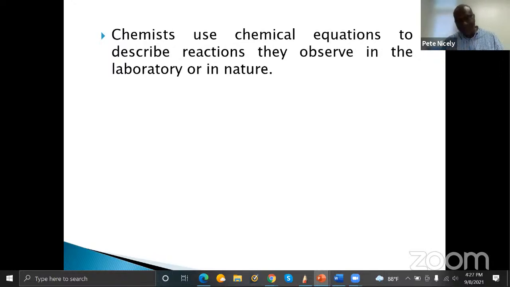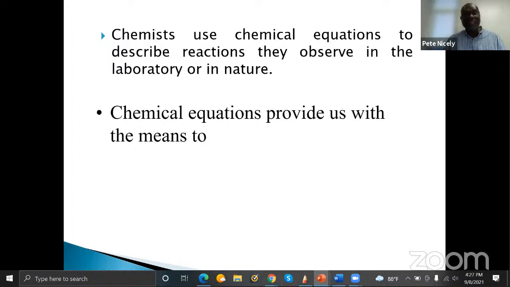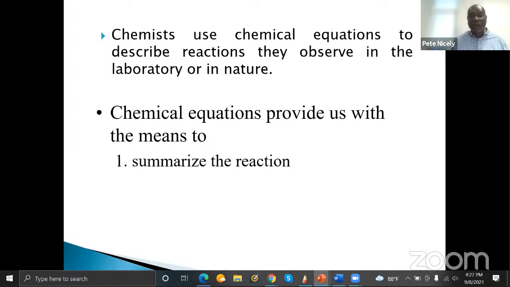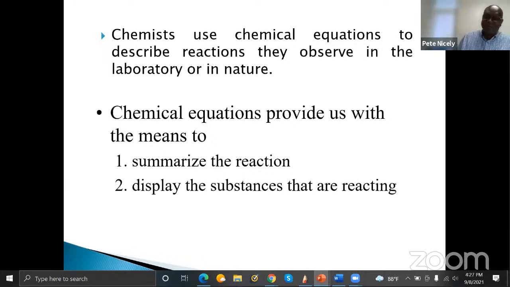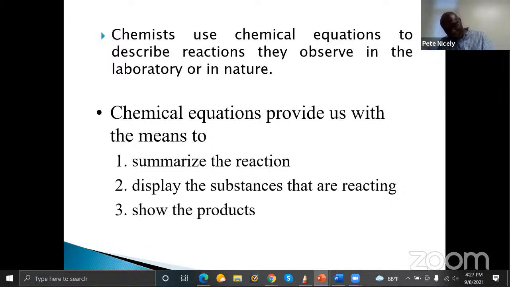All right, and the chemical equation by itself provides a means for us to, one, summarize the reaction, two, display the substances that are involved in the reaction, and then three, to show the products. All right, so that's basically what is imparted when you look at a chemical equation.